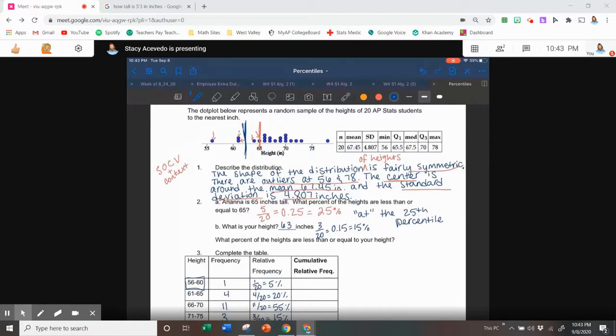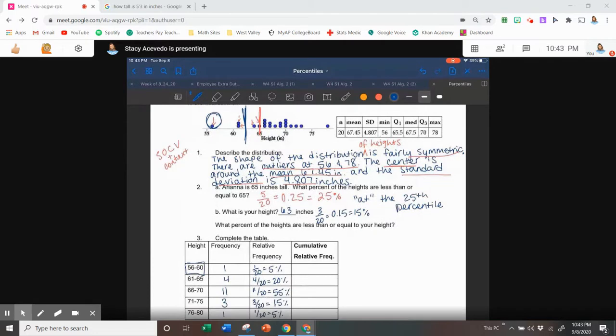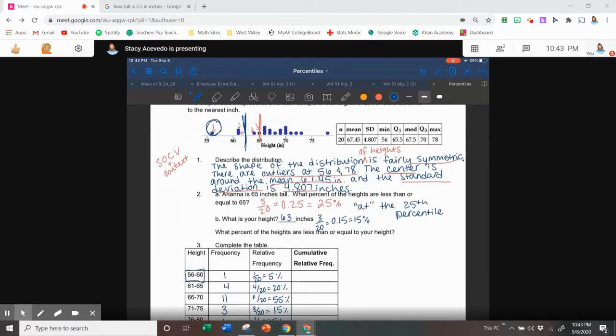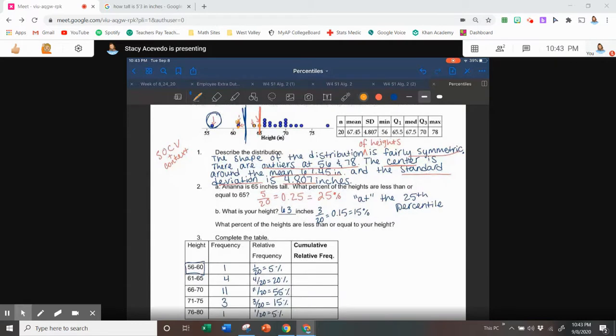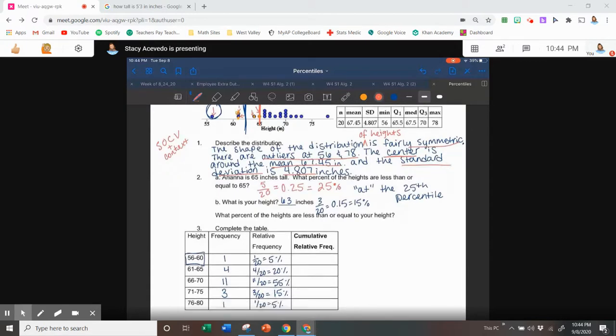So the dots between 61 and 65, there's 1, 2, 3, and 4. For 66 to 70, there's 11. From 71 to 75, there's 3. From 76 to 80, there's 1.